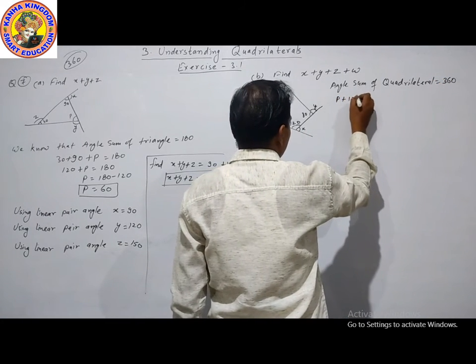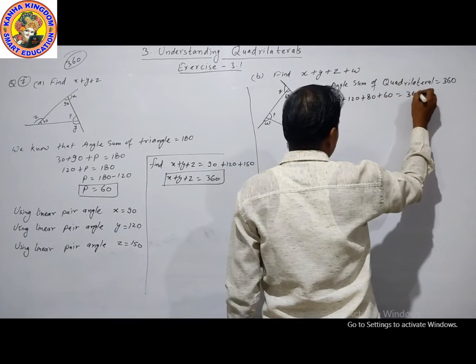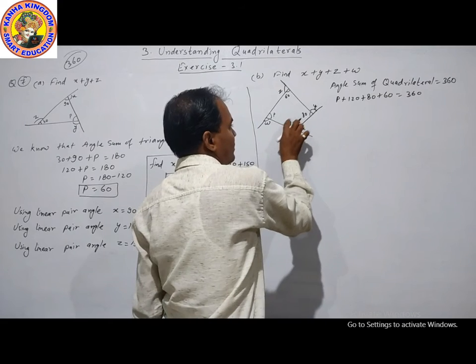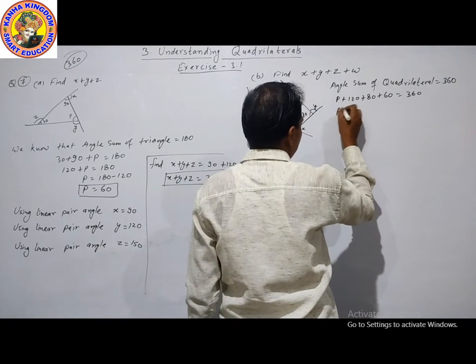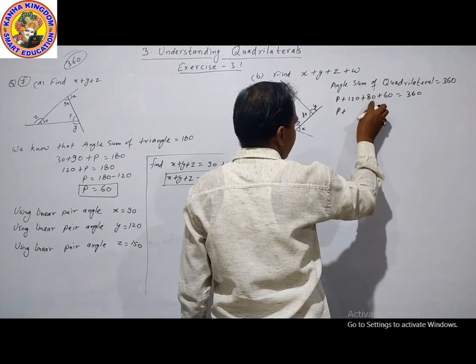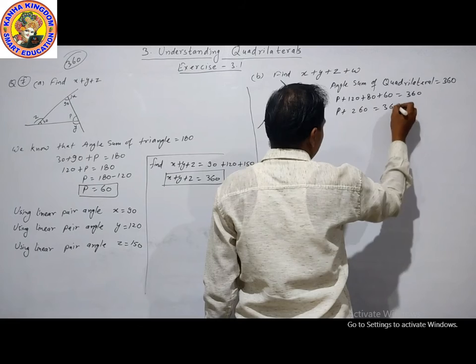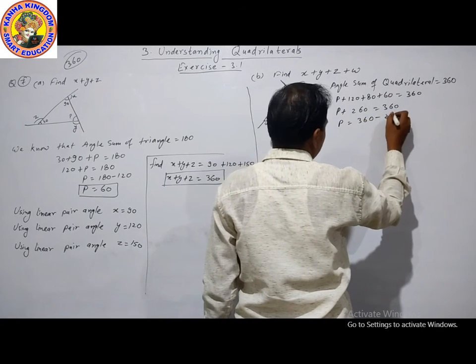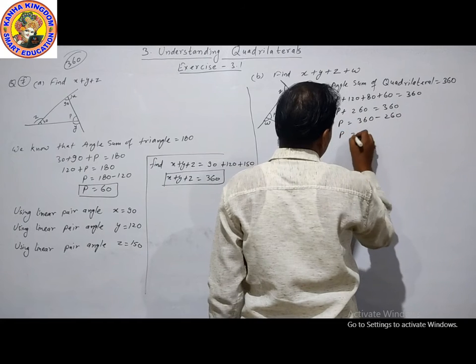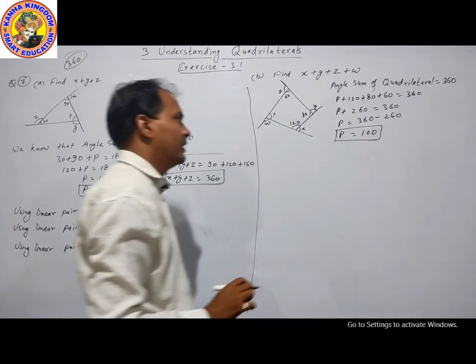P plus 120 plus 80 plus 60 is equal to 360. 120 plus 80 is 200, plus 60 is 260. So P plus 260 is equal to 360. Now transposing, P is equal to 360 minus 260, P is equal to 100. The value of P is 100.